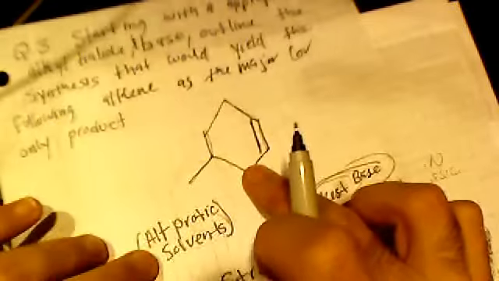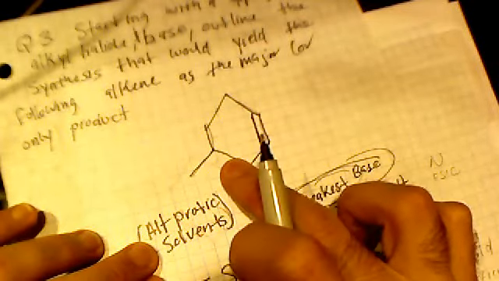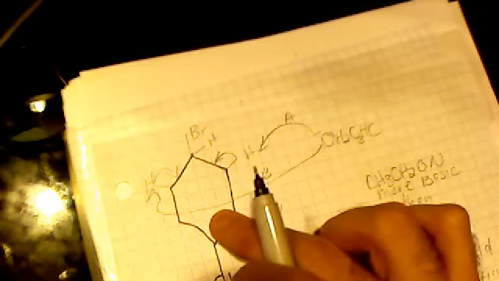All right, so now using that information, we need to start with an alkyl halide. Looking at what we want, this is what we want. We want the double bond to be 1, 2 away from the methyl group.